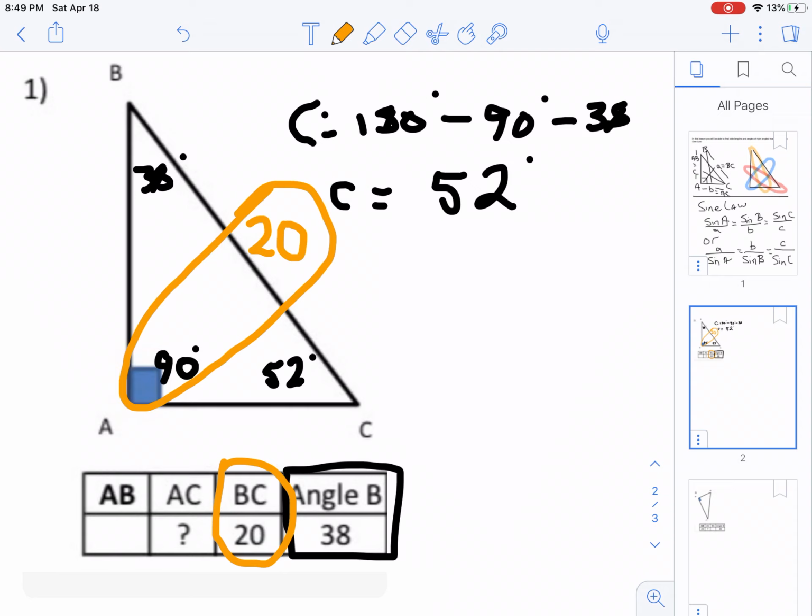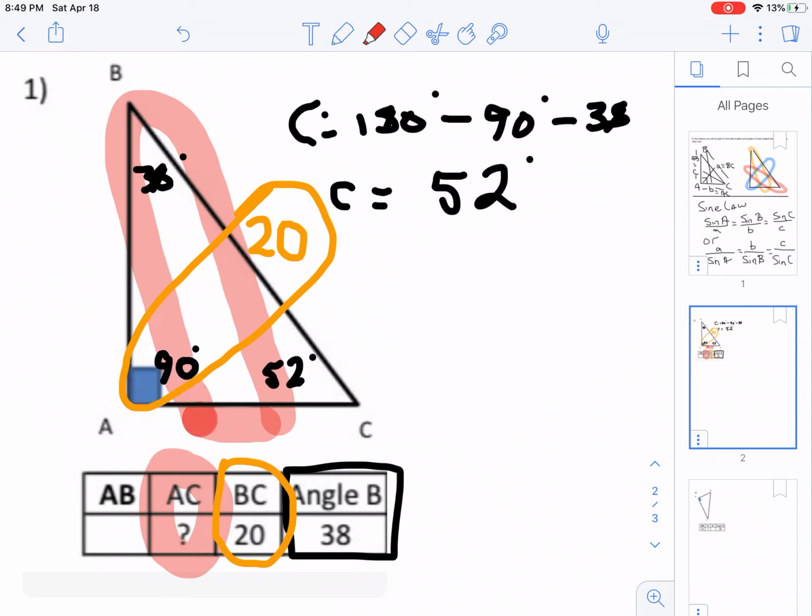The question asks us to find AC. So this is side AC at the bottom here. That's what we're trying to find, and it goes with the angle that's directly across from it, which is angle B.